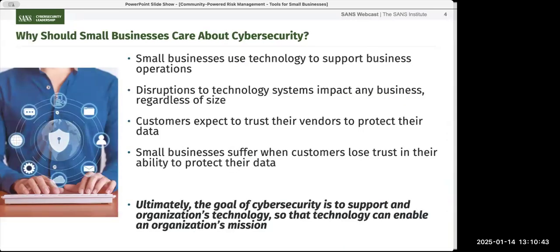So the question that I think we maybe have to start with then is, why should a small business care about cybersecurity? What's the big deal? And frankly, is this one of those things that's a luxury? Is this something that maybe is nice to have but not necessary? And I think this is realistic.